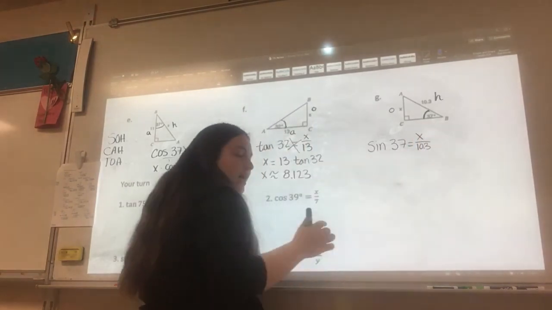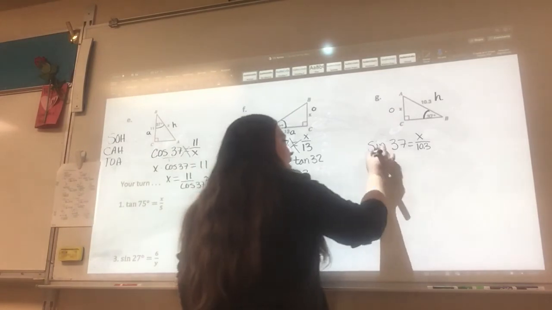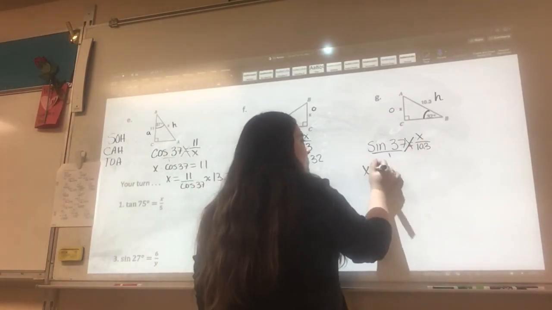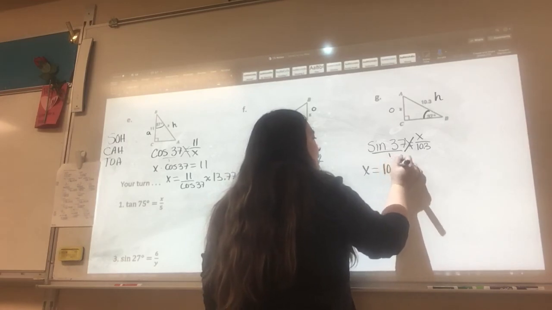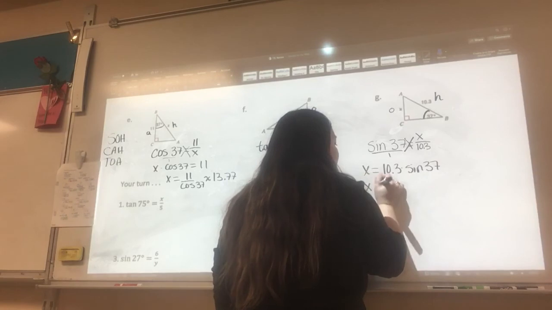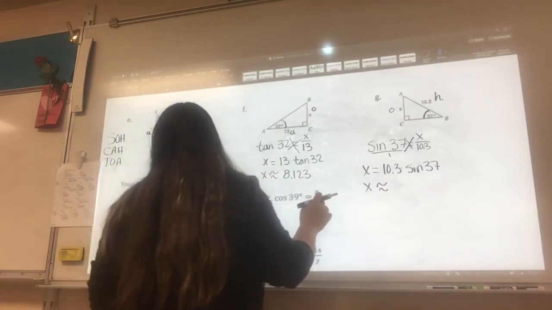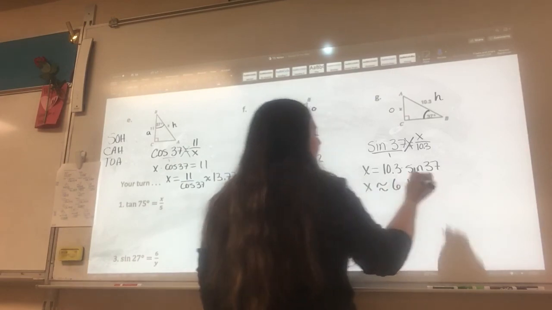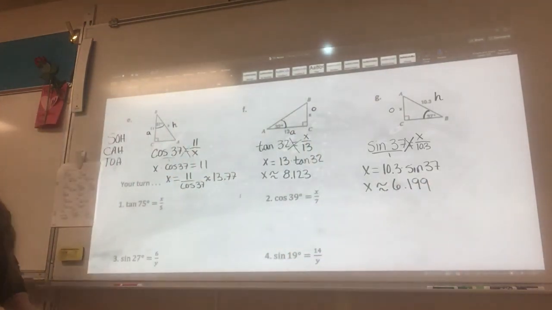So now that we have that, we have set up our proportion, and we are going to solve by cross multiplication. So x times 1 is x, which is going to equal 10.3 times sine of 37, which means x is approximately 6.199. Okay. All right, I am going to end part 2 here.